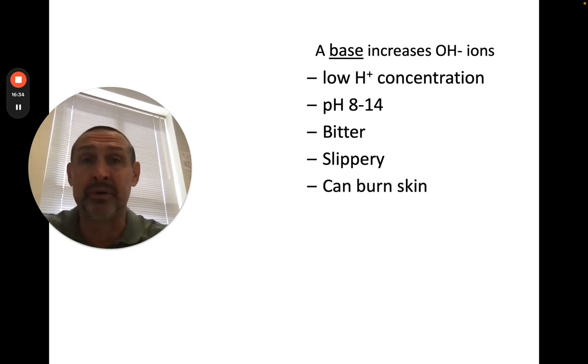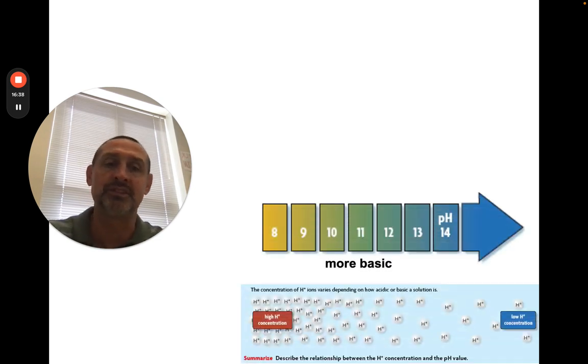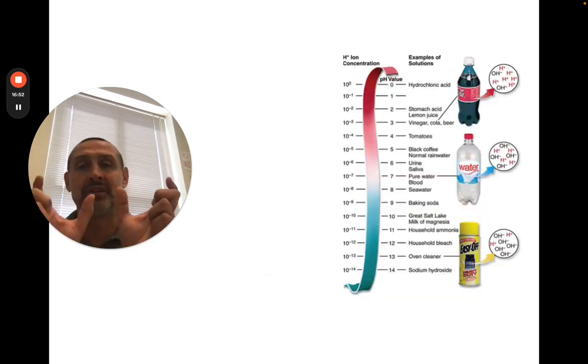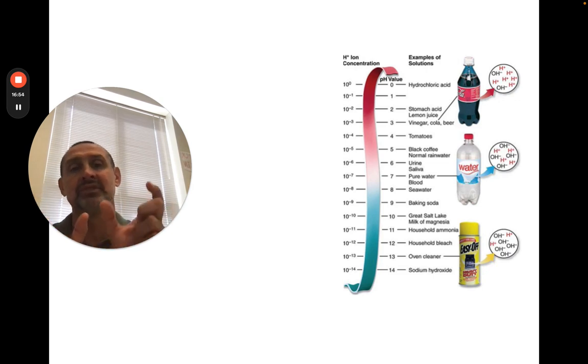But strong bases burn skin just like strong acids burn skin. So the closer we get to 14, the higher the OH concentration, the stronger the base. So right in the middle is 7. That's water. It's neutral. Why? Because the acid amount is equal to the base amount. The H's are equal to the OH's.